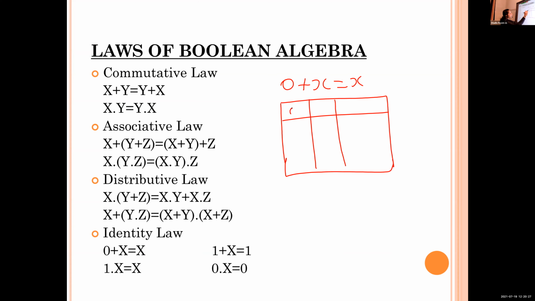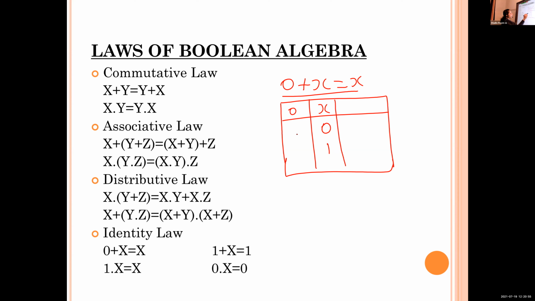Here the first input is 0, the second input is X. Then what are the values for X? 0 and 1. Here only one Boolean variable is used in this expression. So 2 raised to 1 is 2, so two input values, 0 and 1.